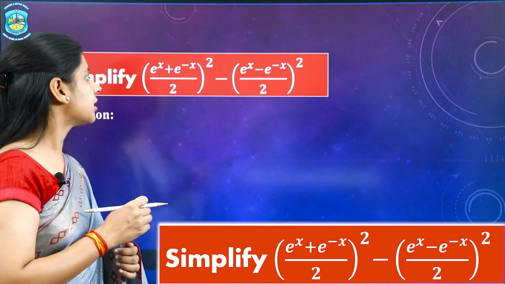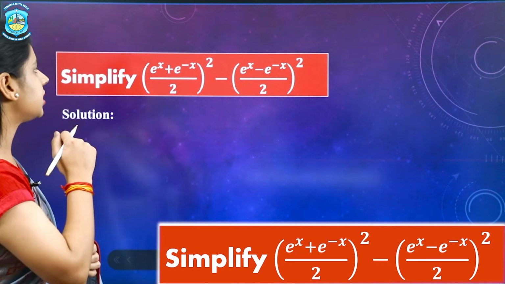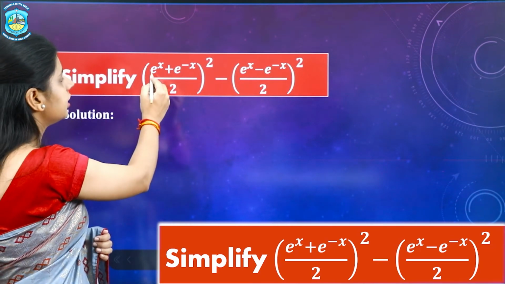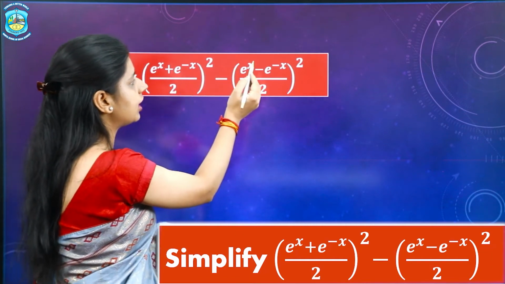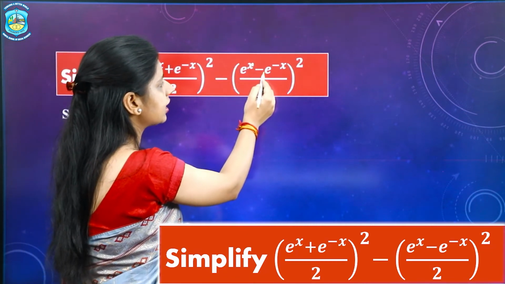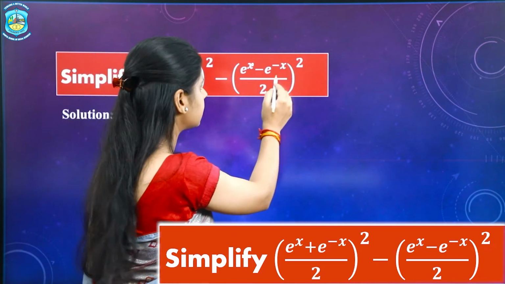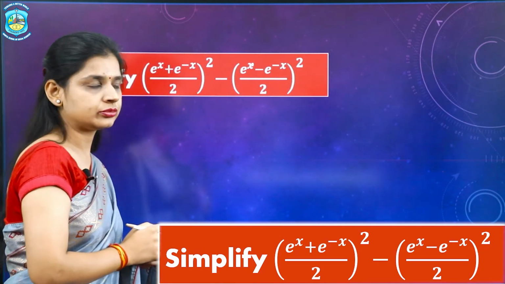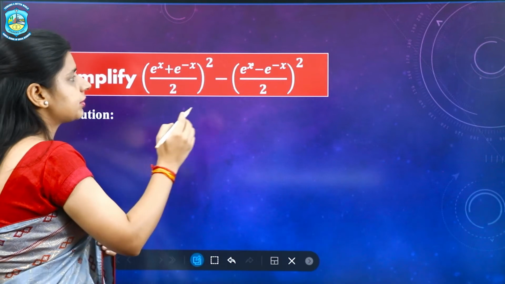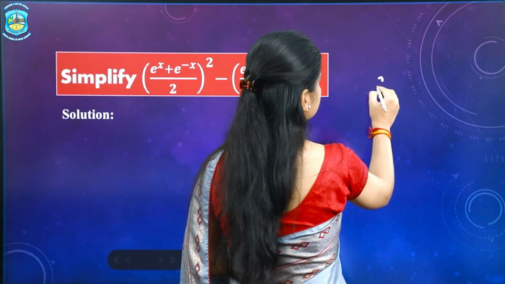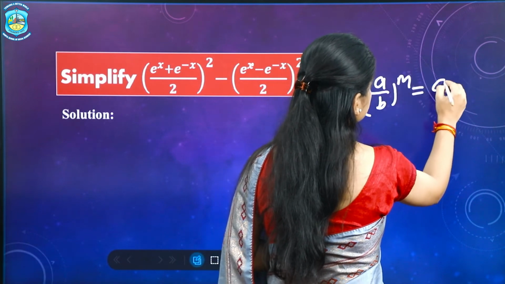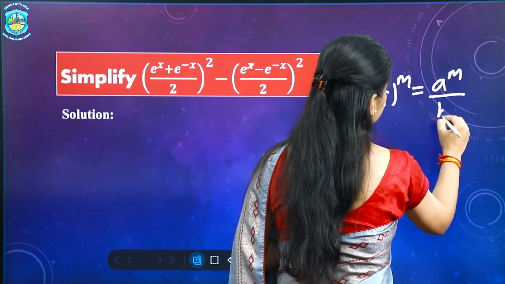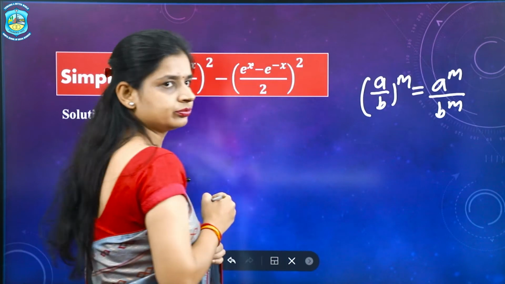In the next example, we will simplify this algebraic expression: ((e^x + e^(-x))/2)^2 and ((e^x - e^(-x))/2)^2. Now, in this expression, first we will apply the formula (a/b)^m = a^m/b^m.